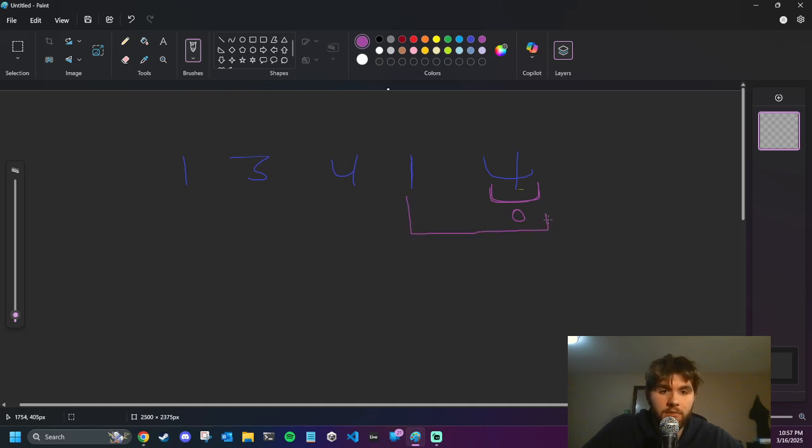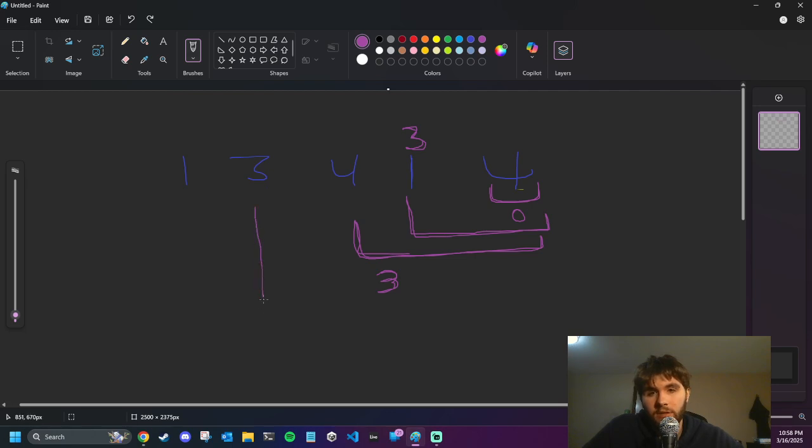Here, the maximum value we can get here is 3. So I would say 3. The maximum value we can get here is 3. I'm trying to identify the recursive step.